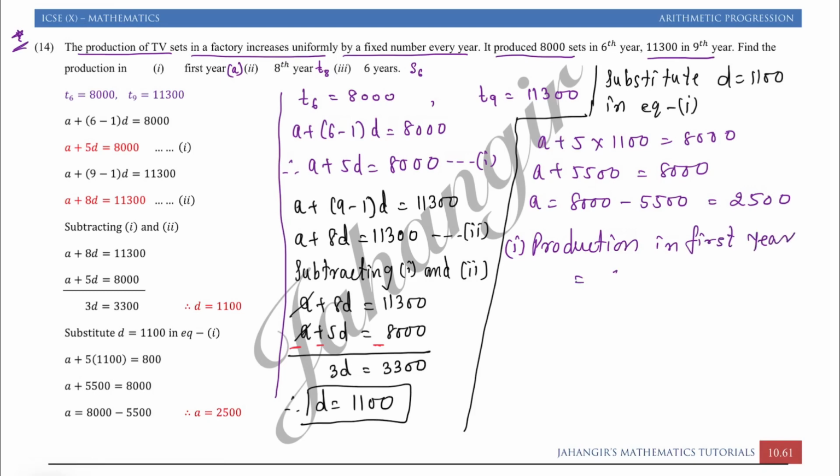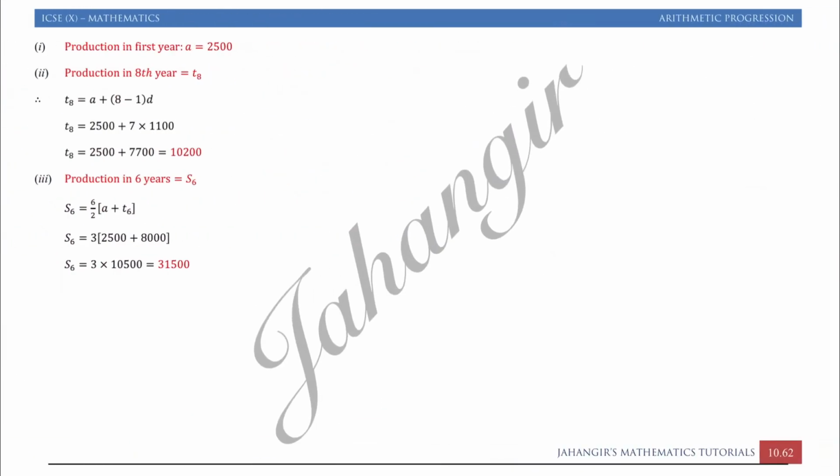Here is 2,500. Then second, we have to find production in the 8th year. So for production in the 8th year, we will find T8. In the second part, we want production in the 8th year, that is T8.